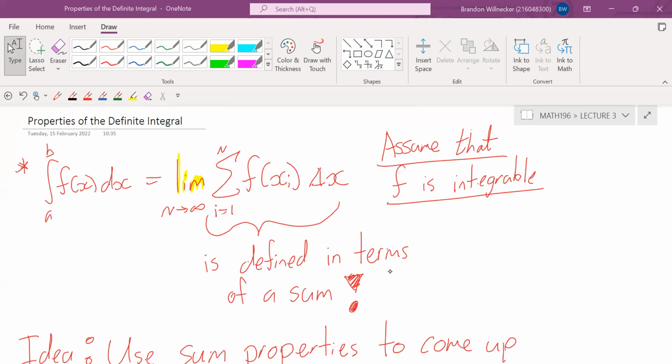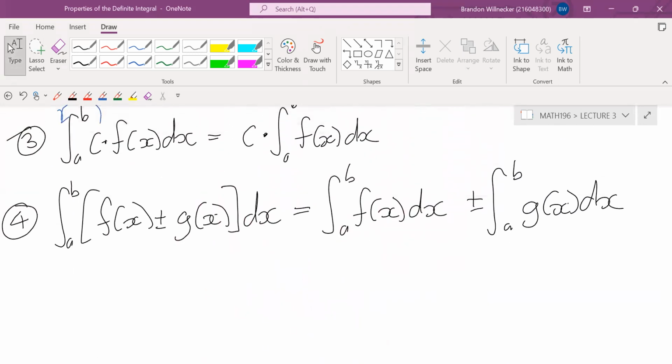Now, it's a bit more complicated because we've got the limit and infinite sum and so on, but that's the idea behind separating out the sums. That is what we did here. Also, that is exactly what we did in our example with the Riemann integral of x squared. Remember, we had the sum of a bunch of terms and we separated the sum onto each term. We were using that property.